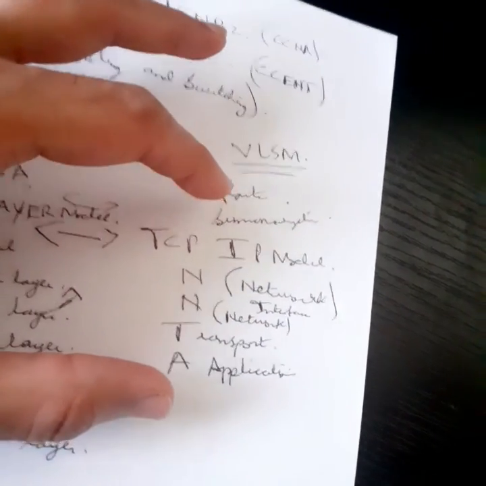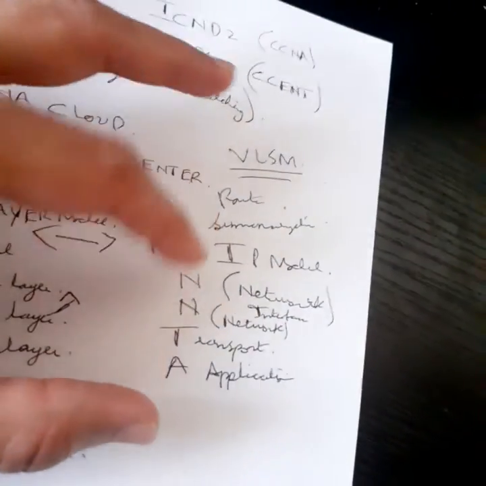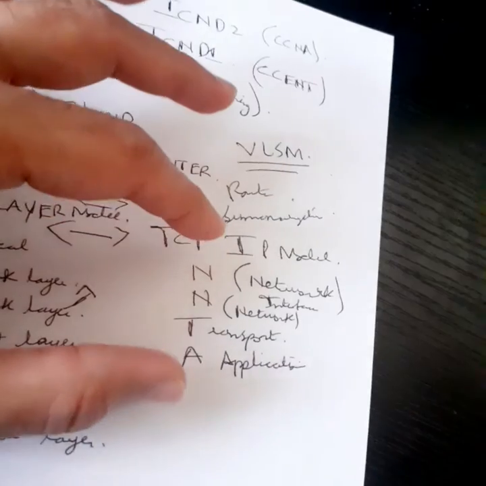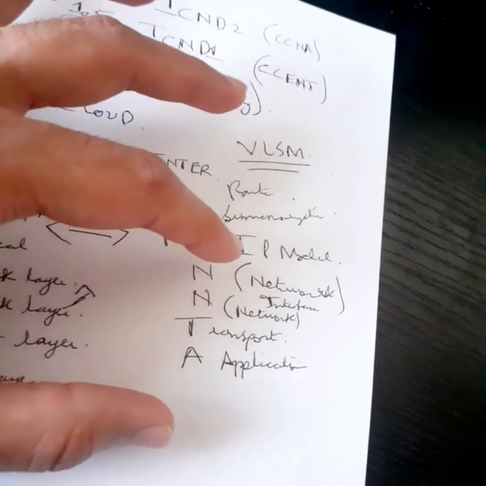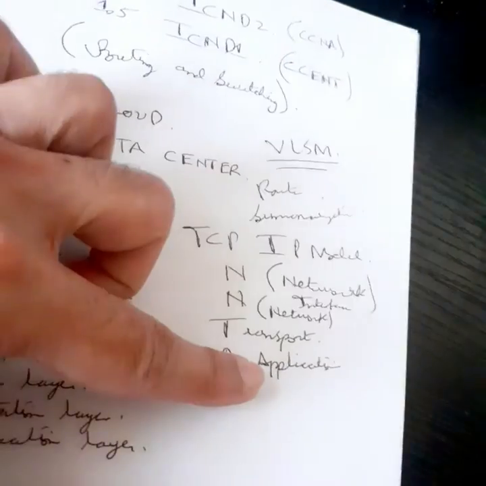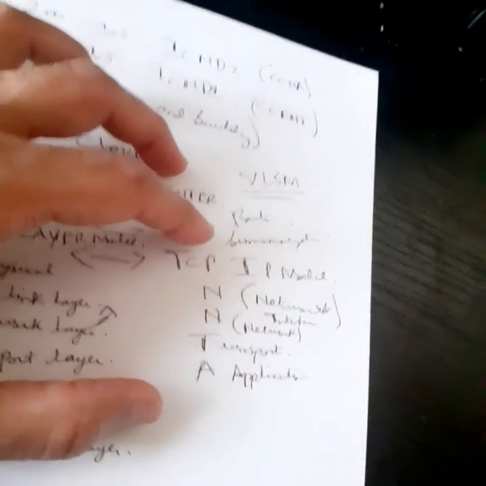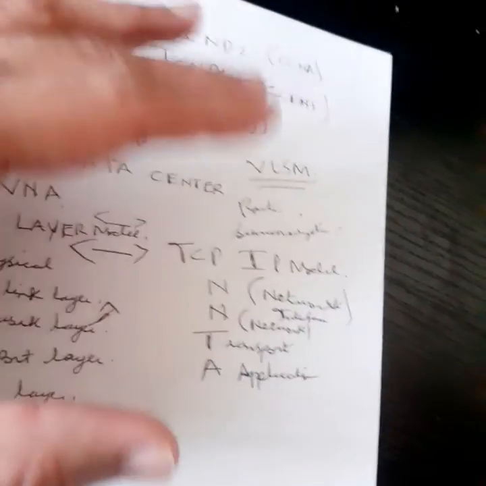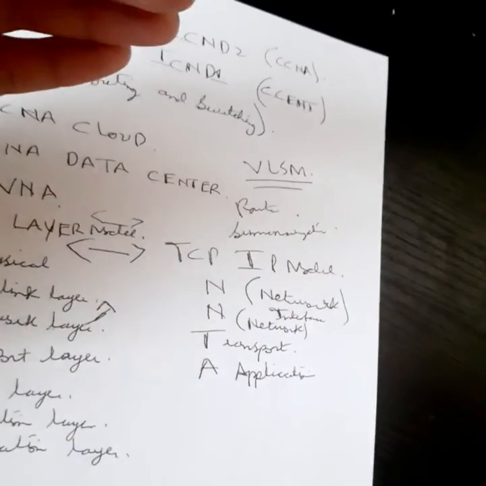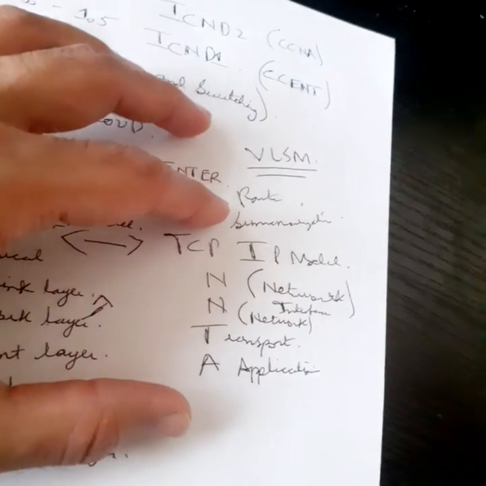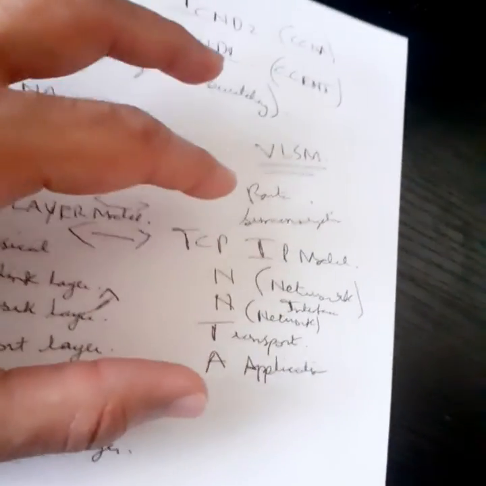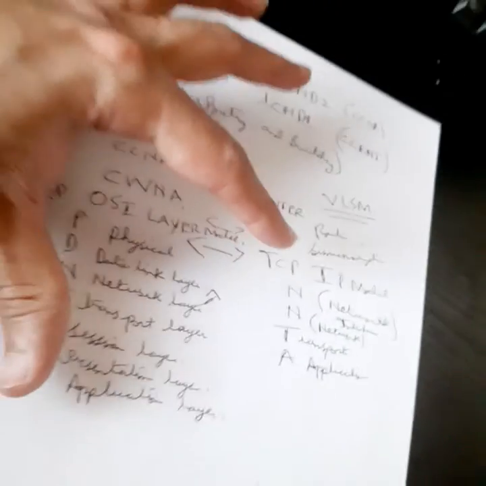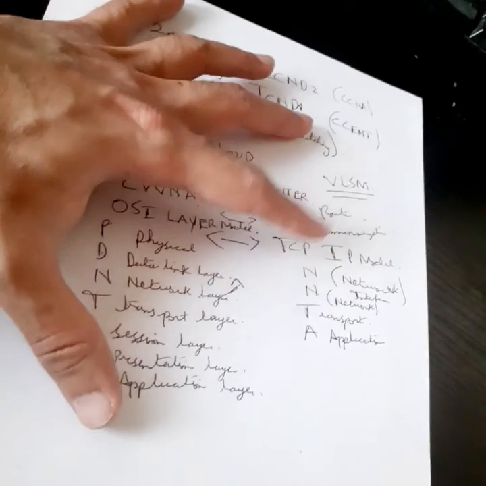In the TCP/IP model, that's from down to up as well: network interface layer, network layer, transport layer, and application layer. Remember, there are old versions of the TCP/IP model as well, which are still on the internet. You don't want to relate to them.